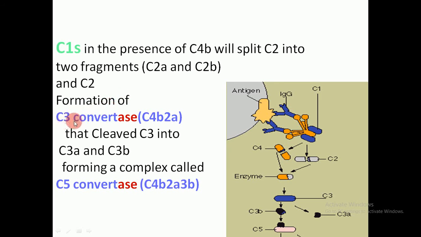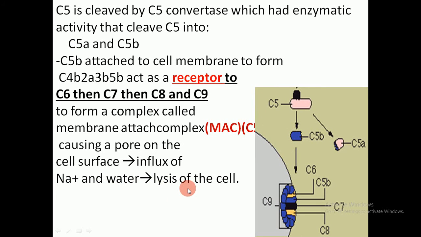This leads to formation of C3 convertase, which is C4b2a, that cleaves C3 into C3a and C3b, forming a complex called the C5 convertase, which is C4b2a3b. C5 is cleaved by C5 convertase, which has enzymatic activity, into C5a and C5b.